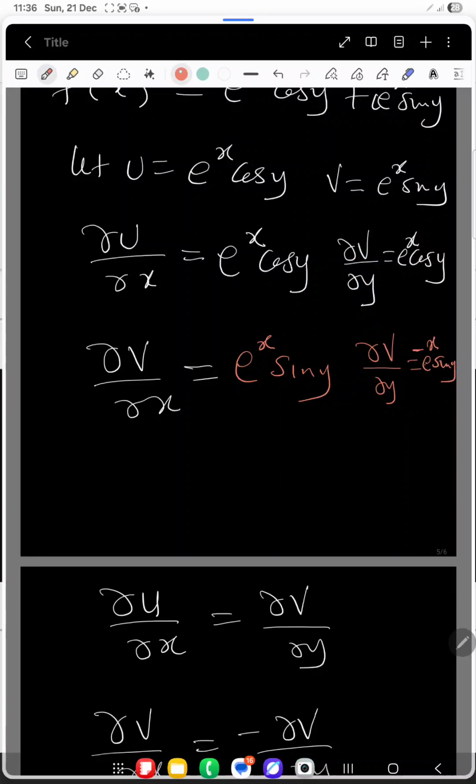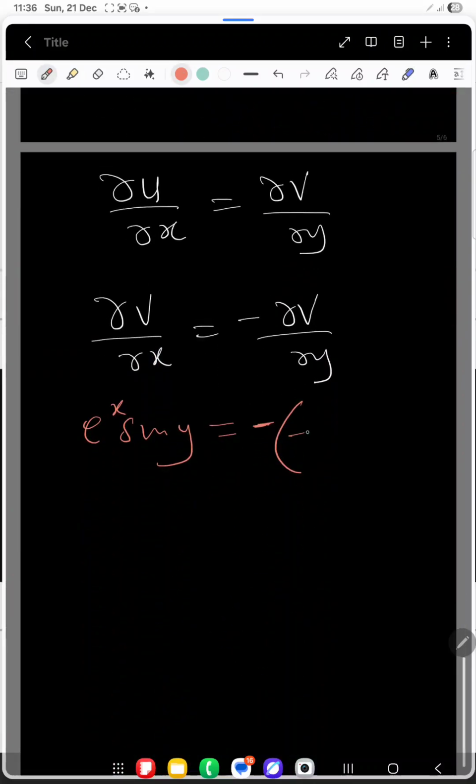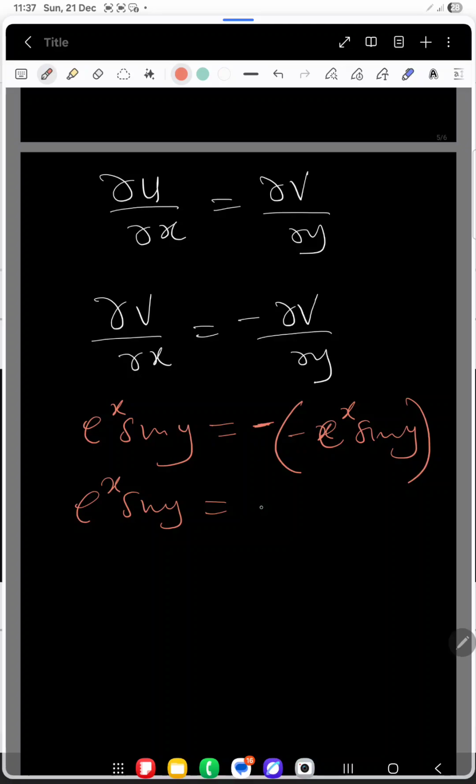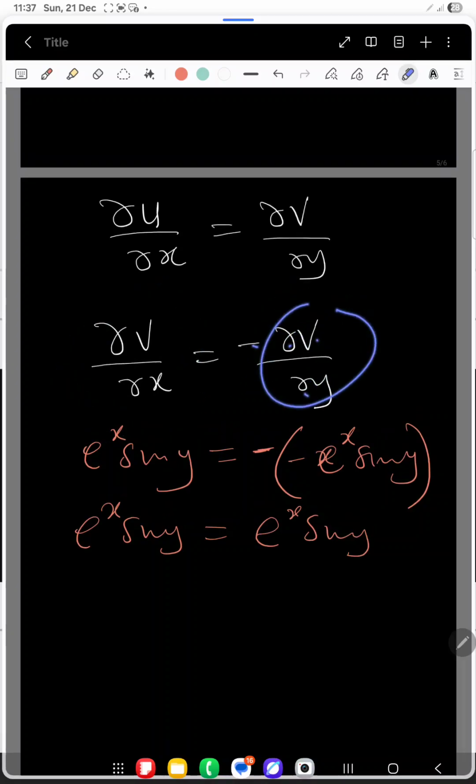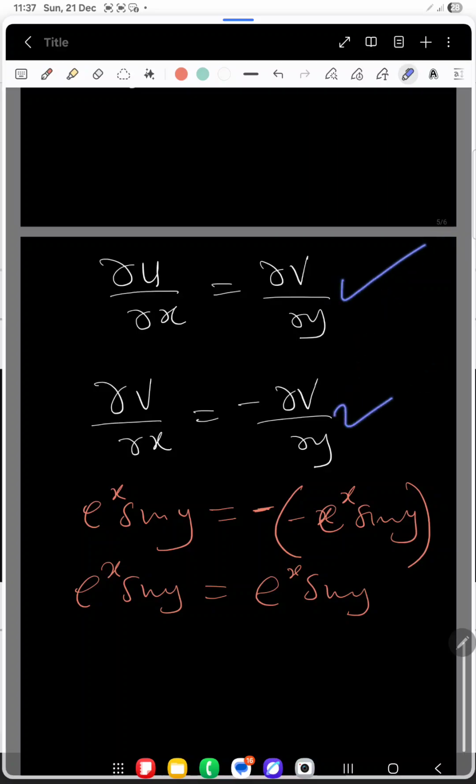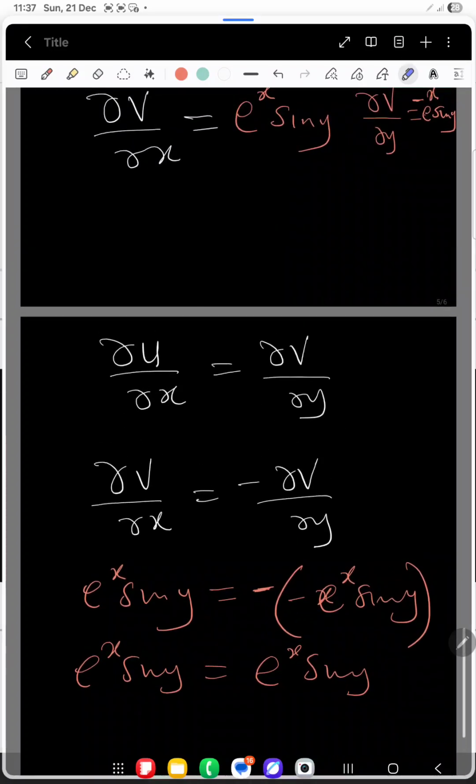So you write negative, negative e to power x sine y. Now here we have e to power x sine y is equal to negative, negative is positive, so we are just going to remain with e to power x sine y. So this tells us that for sure ∂v/∂x is equal to negative of ∂v/∂y. So both conditions, this one and this one, have held, or they are satisfied.